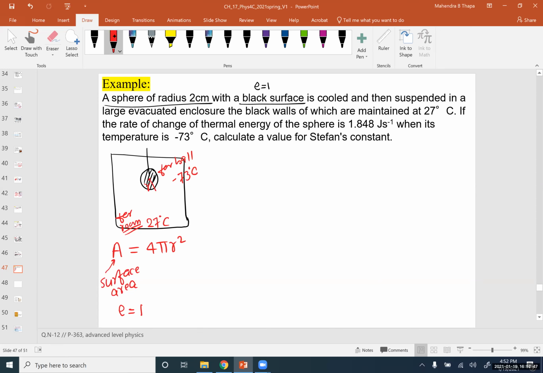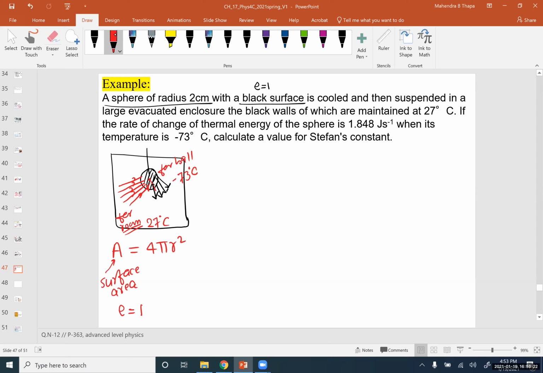By looking at this picture, you can guess that the ball will gain heat energy, a net gain. This means it will give less but absorb more. It will take more heat from the room, so it will have a net gain.